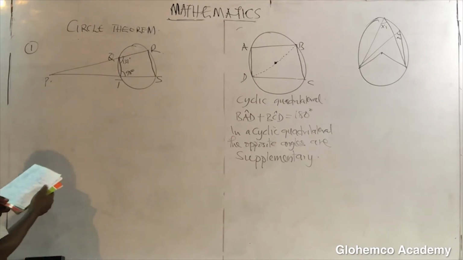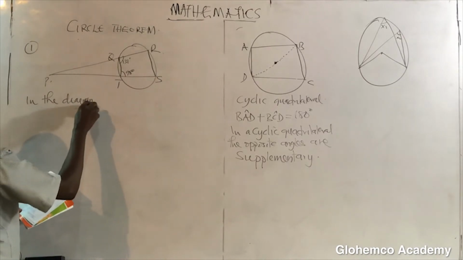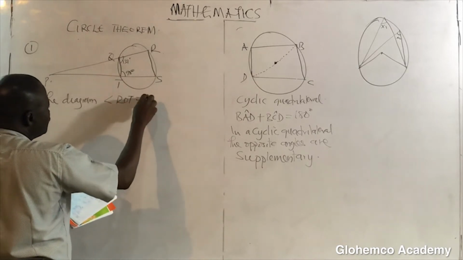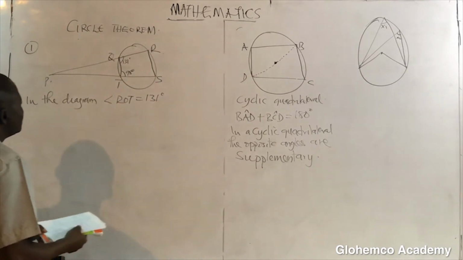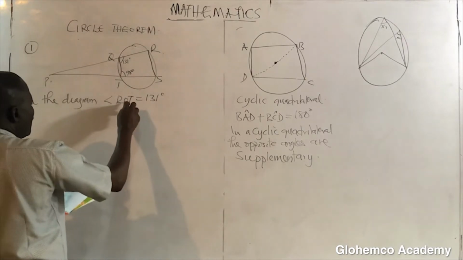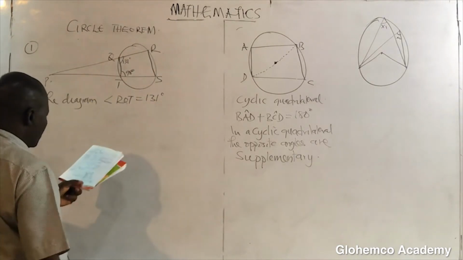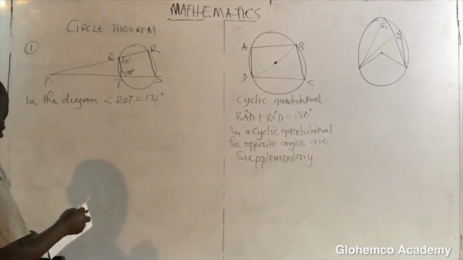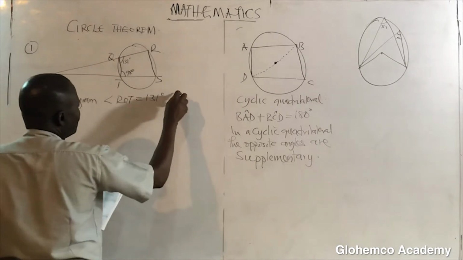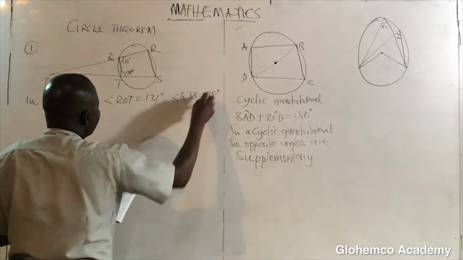Now the question says, in the diagram, angle RQT equals 131 degrees, and angle QTS is 98 degrees.